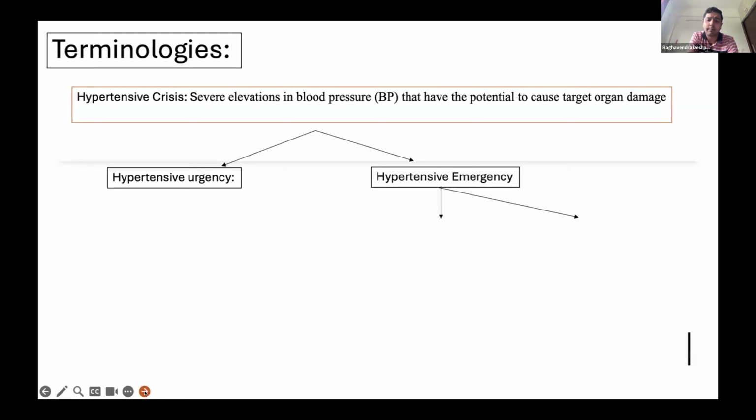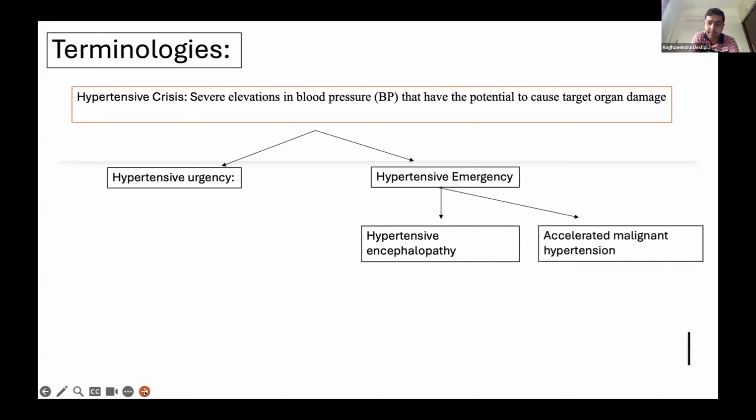This can be hypertensive encephalopathy, where one can find altered mental status, cloudiness of the brain, or accelerated malignant hypertension, which can present as visual disturbances, papilledema or retinal exudates.